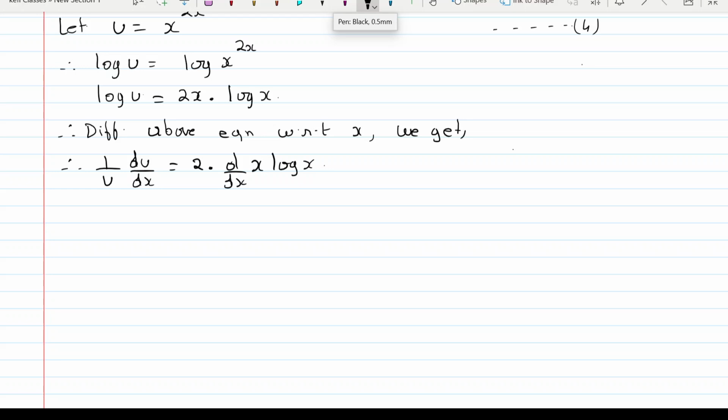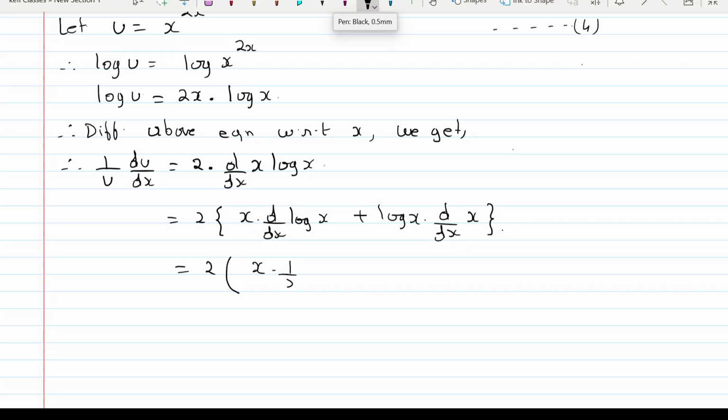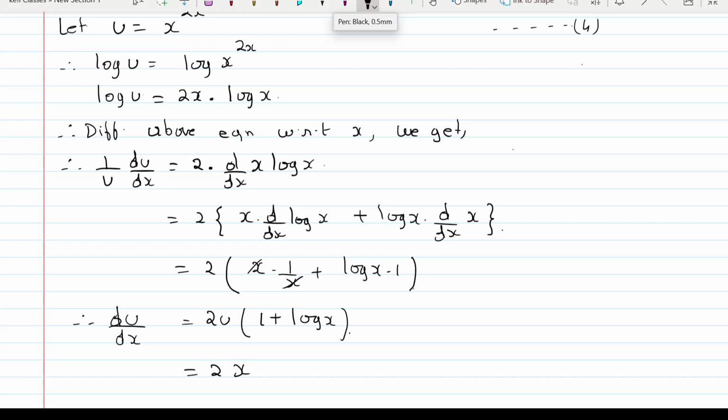Basically x log x कितना आएगा? 1 plus log x. x into 1 by x plus log x into 1. ठीक है, so I'll still write 2 into x into d by dx of log x plus log x into d by dx of x, which is equal to 2 into x into 1 by x plus log x into 1, which is equal to, तो ये x and x cancel हो गया, and so therefore du by dx is equal to 2u into 1 plus log x, which is equal to 2 into x raised to 2x into 1 plus log x.